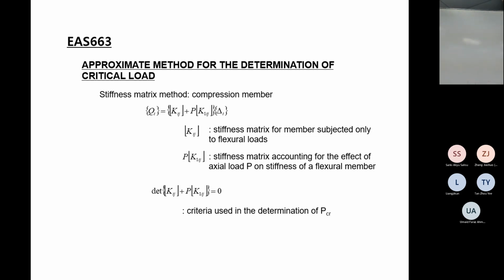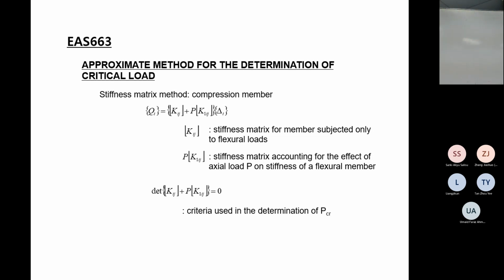And in this matrix, you can see we add another one which accounts for the effect of compression force on stiffness. The first one is the conventional one, which is for members subjected only to flexural loads. The second one is the stiffness matrix accounting for the effect of axial load P on the stiffness of a flexural member.